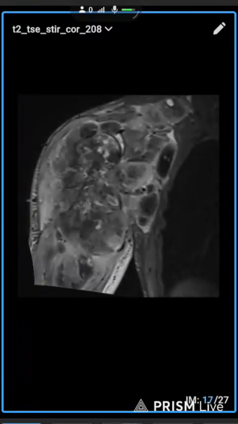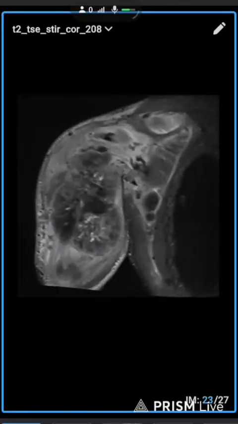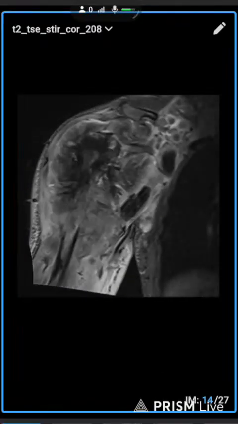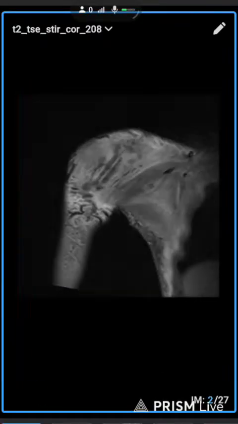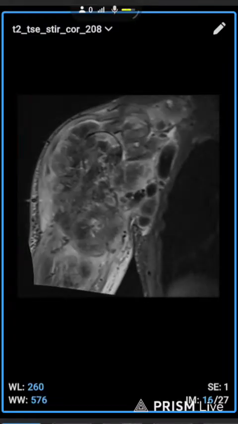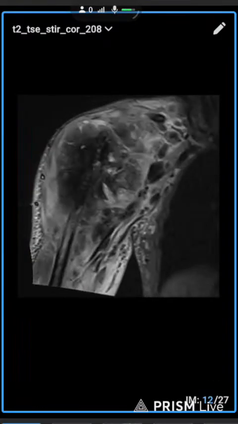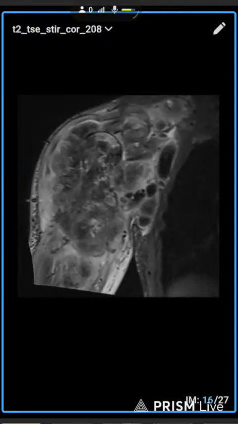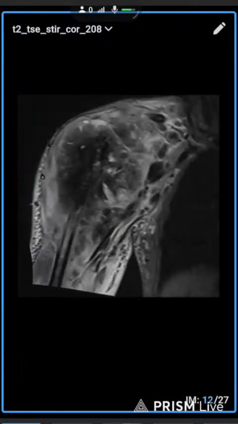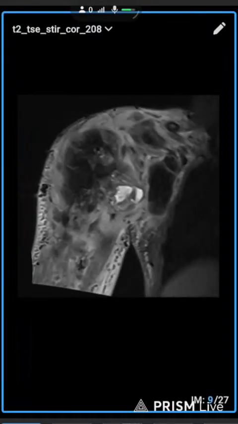This is a T2 STIR image, but here you can see everything looks different. It's not a normal STIR image. Here you can see lots of enhancement, hypodense area.